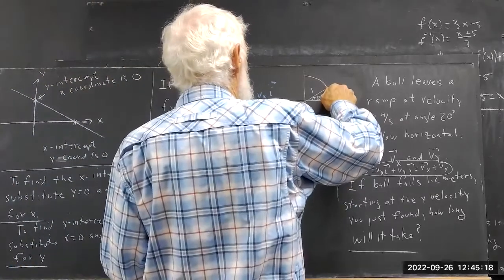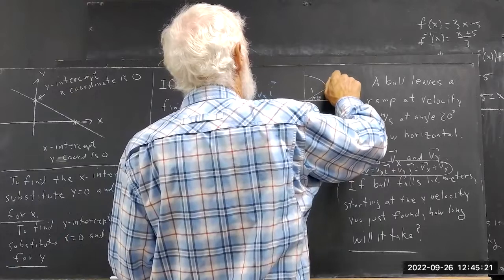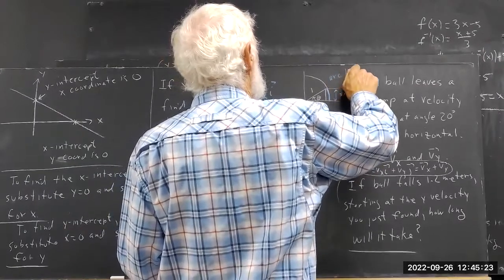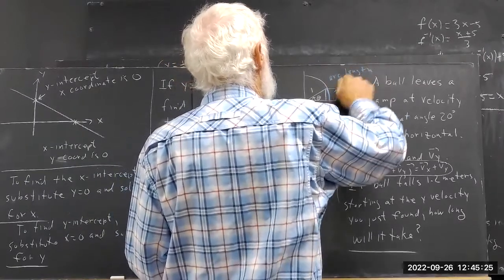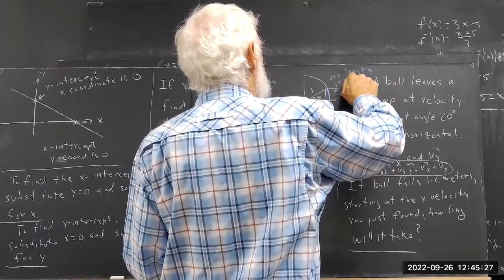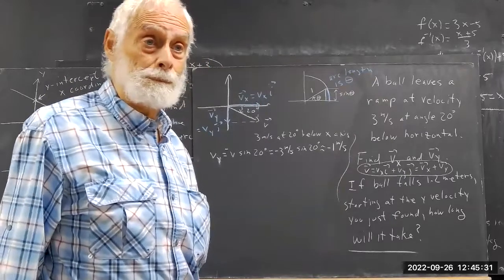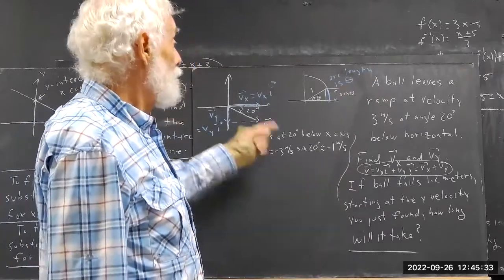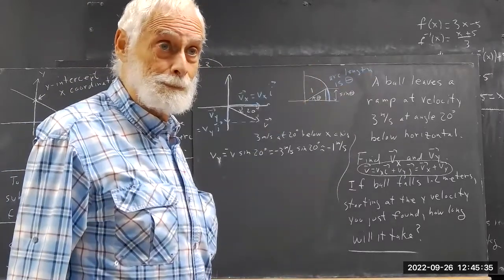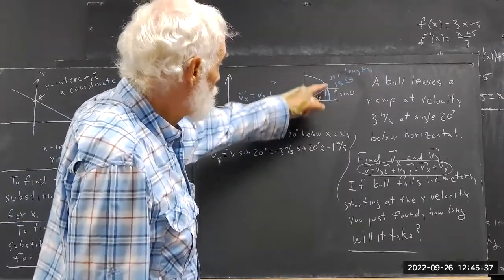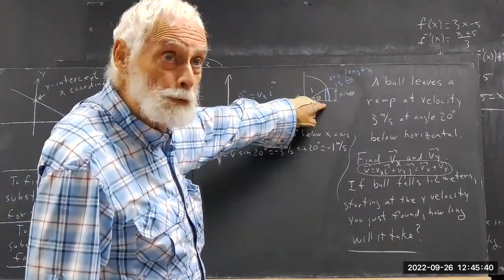This arc length is theta, because this is the unit circle, and the arc length is just the angle times the radius. Okay, and we see that theta and sine theta are very close.